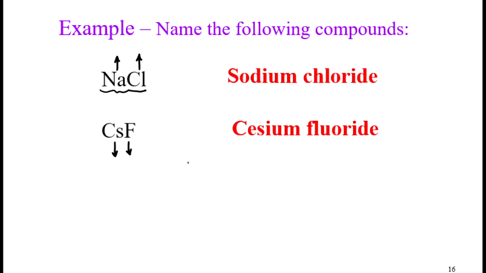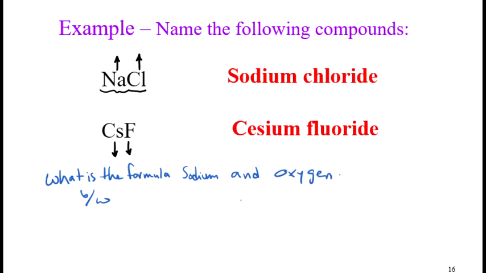I'm going to write the formula between sodium and oxygen. The question is like this: what is the formula between sodium and oxygen? I'm going to say a three-step strategy.